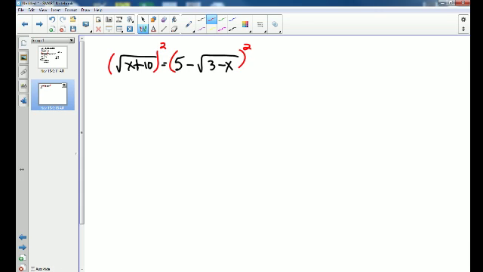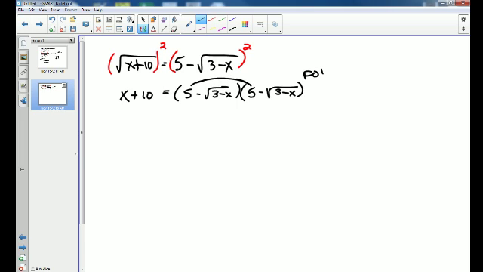So on the left, you end up with x plus 10, right? On the right, there are 2 of them, so you have to FOIL. This is where, again, a lot of people get stuck. Just follow the pattern for foiling. First times first, 25.